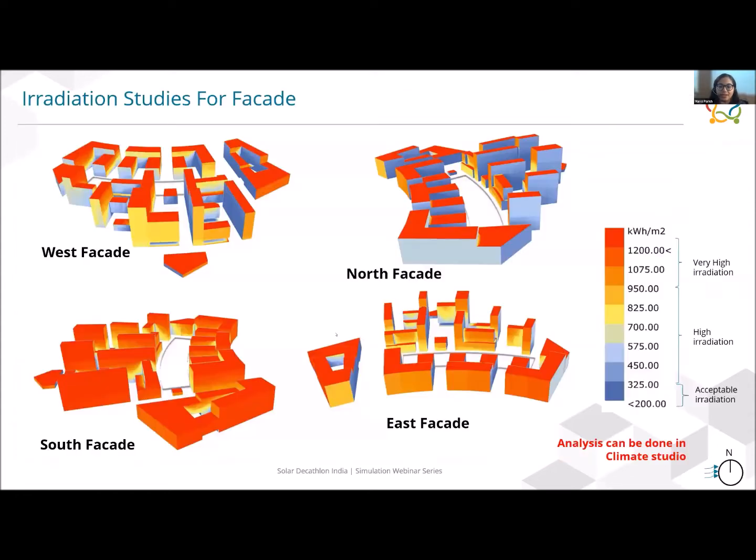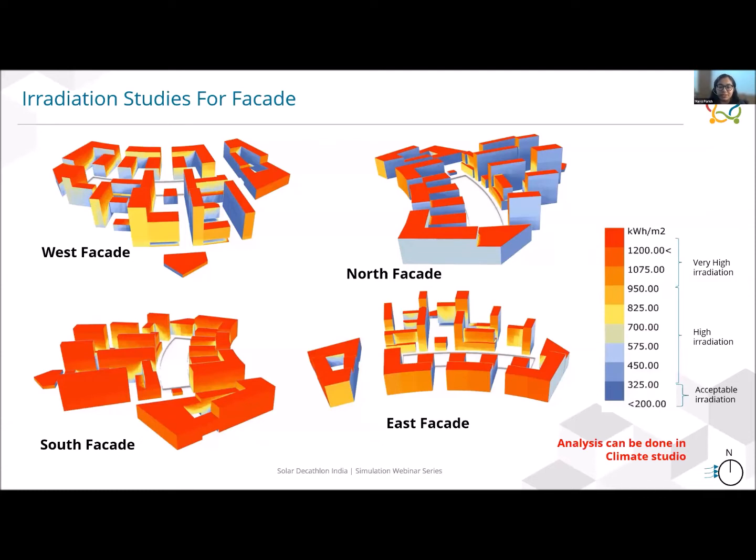When we start looking into shading design or envelope selection, the first step we take is to do irradiation studies on a particular facade to understand the requirement. This gives us an idea of whether shading or insulation is required to control heat gains through direct solar irradiation falling on the windows of your facade or directly on the walls.